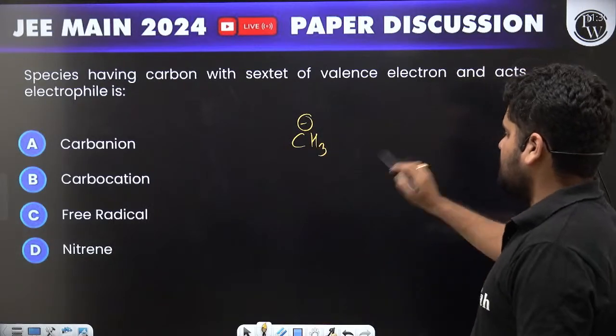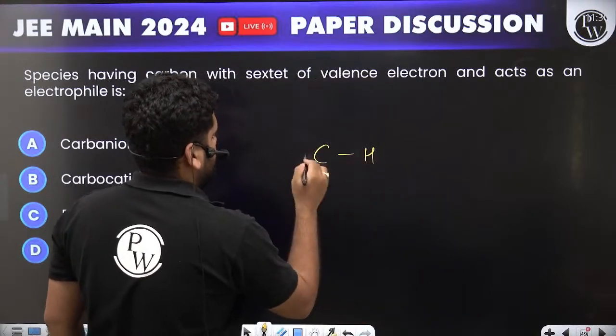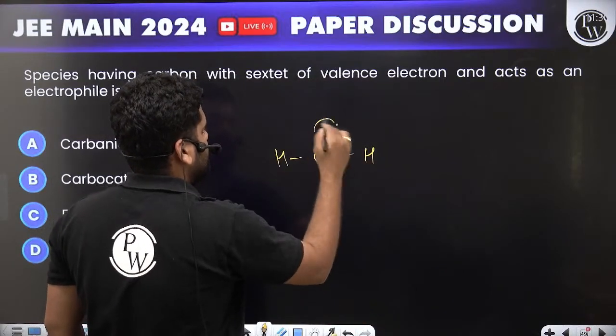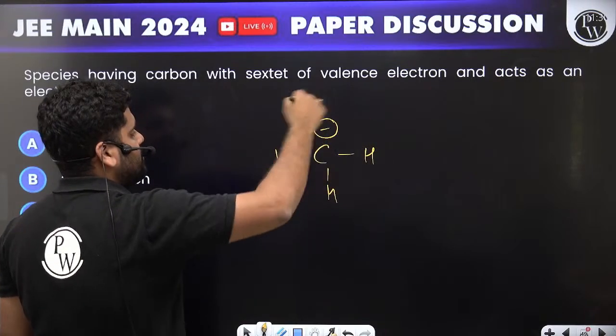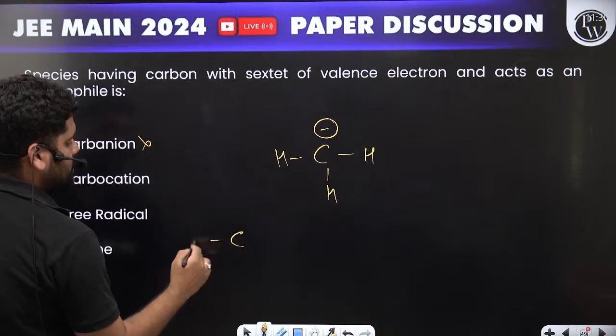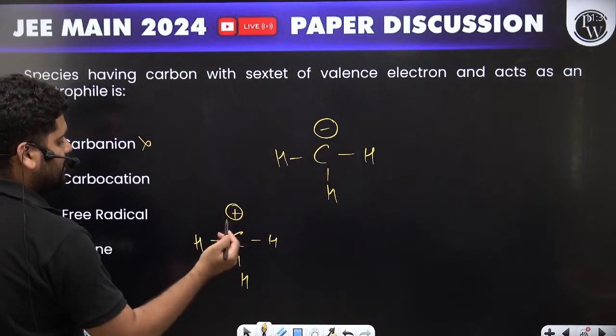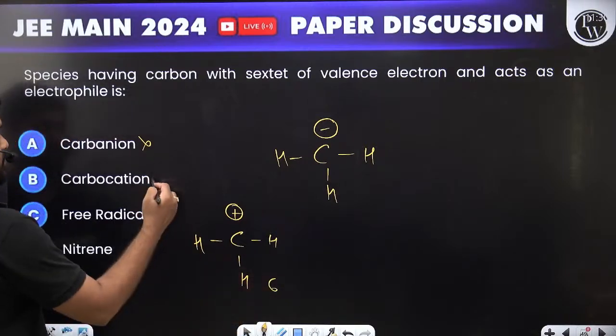Okay, see, carbanion, let us say I have taken CH3 minus. Look at it, count the number of electrons around carbon. You are getting 8, so this should not be our answer. Carbocation CH3 plus, how many electrons are there around carbon? 6 electrons, so your answer should be carbocation.